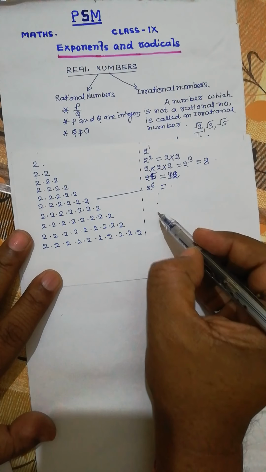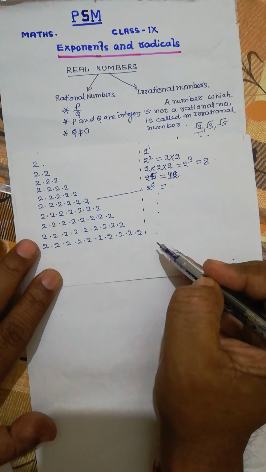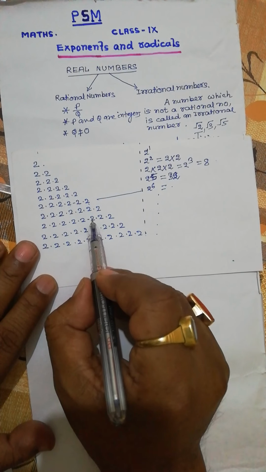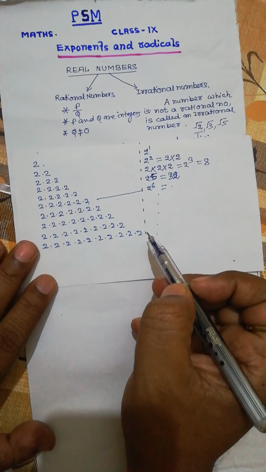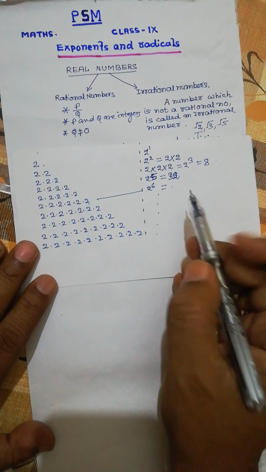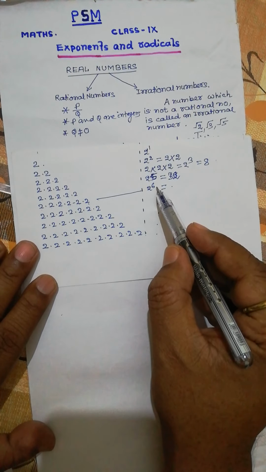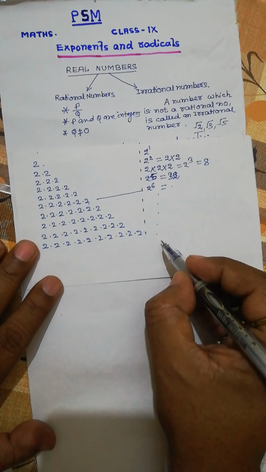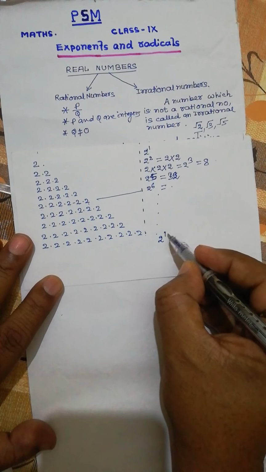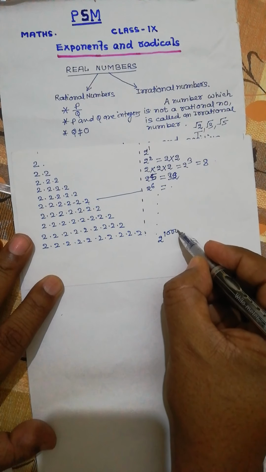Similarly, the value can be obtained by seeing that the same number is multiplied how many times, and that number of times will be turned into power. For example, this 2 is multiplied 1000 times, so it will be 2 to the power 1000.